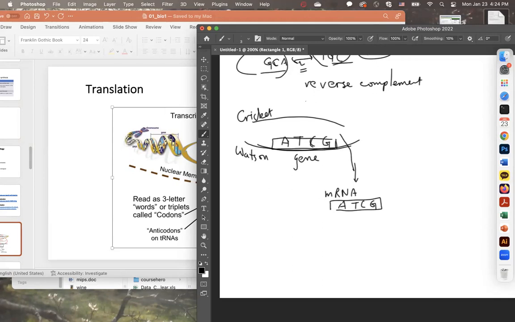So in the Crick strand, what do we have? We know that it has the complement of this particular gene sequence, right?